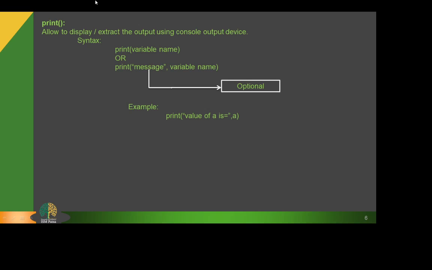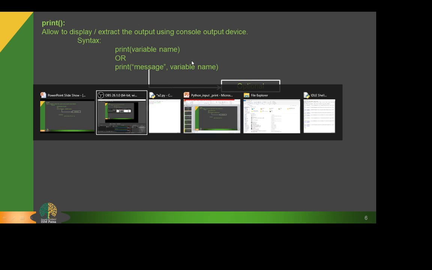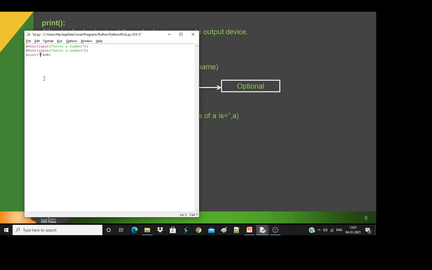So as we know, it works with the console output device. Let's check the message with the print function. So here we put the message sum equals to, and then we have to use a comma as the separator between two objects, where the first object behaves like a message and the second object is the variable representing the sum.